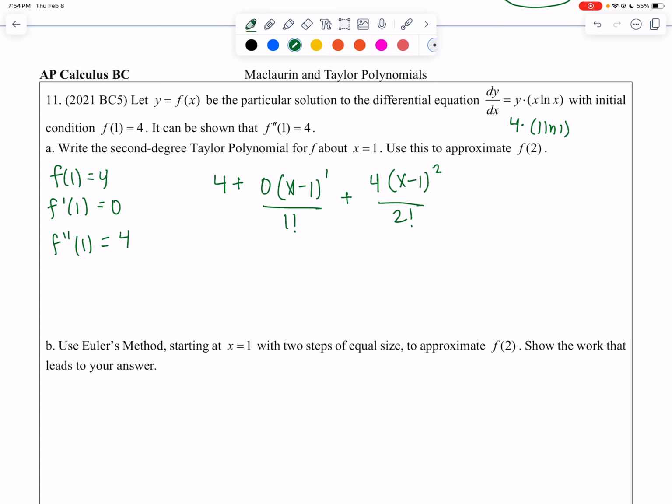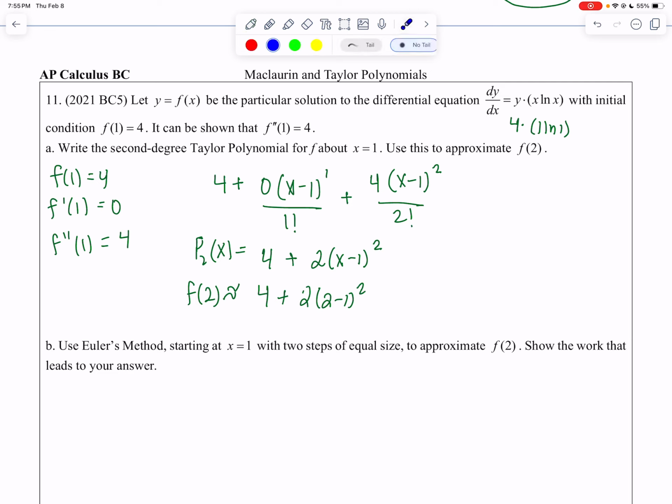And my second degree Taylor polynomial is going to be 4 plus 4(x minus 1) squared over 2 factorial. 4 divided by 2 is just 2, so I'm going to leave that as 2. I'm going to approximate f of 2. So f of 2 is going to be 4 plus 2 times (2 minus 1) squared.